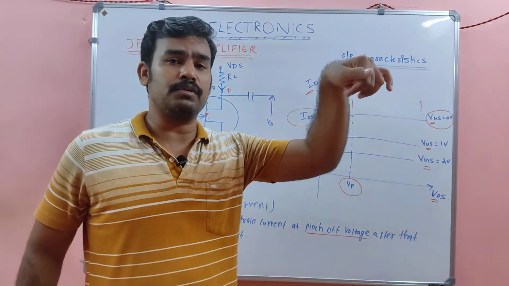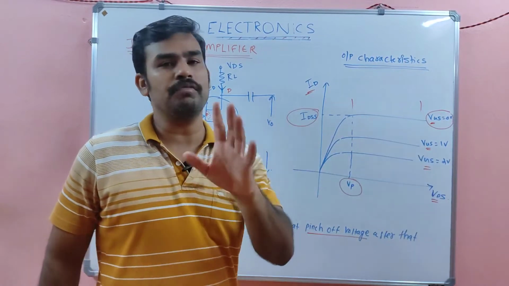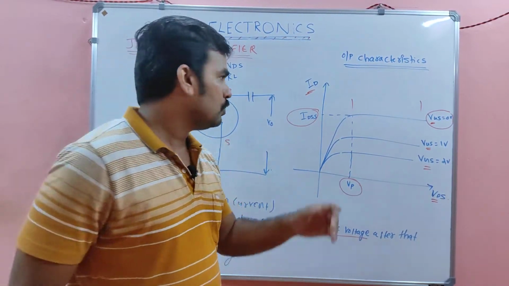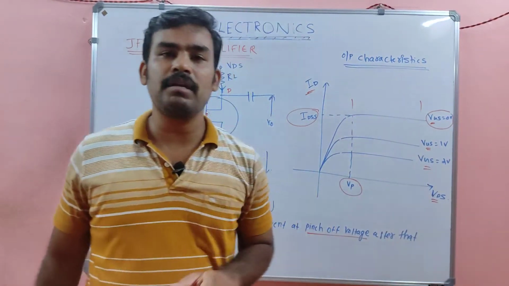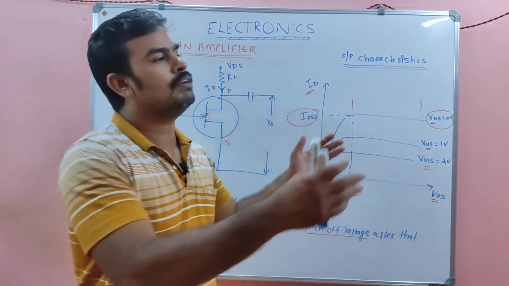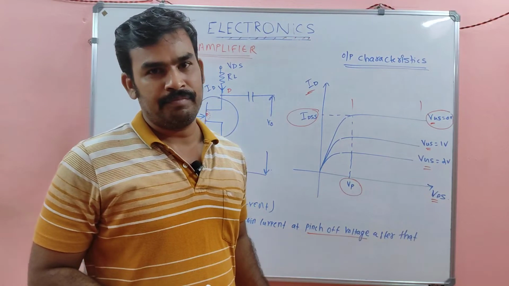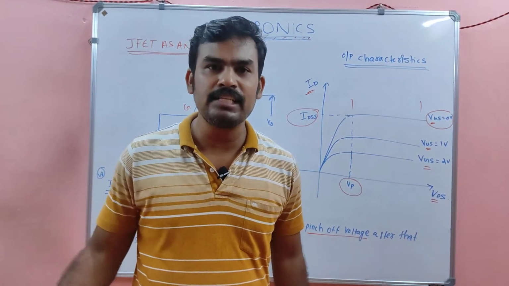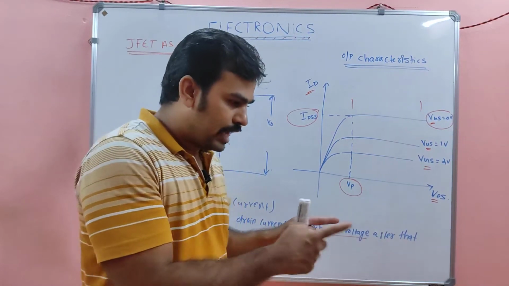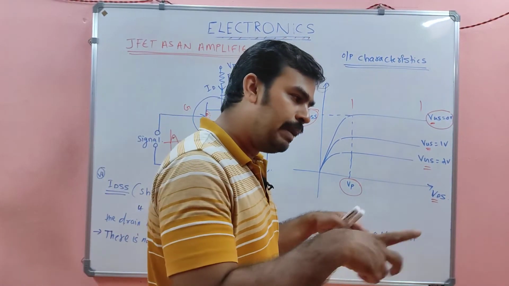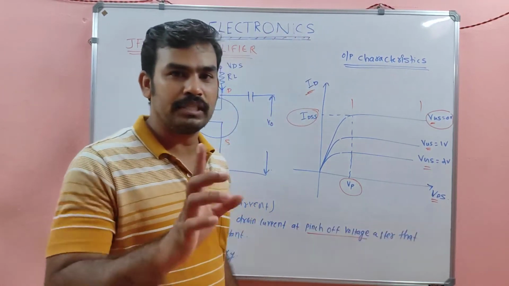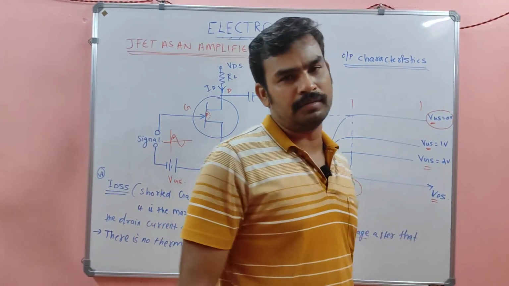Only at very high voltage will the breakdown happen, and that is also a breakdown, not thermal runaway. So there is no thermal runaway in the JFET because the channel width is limited. Even though we generate more and more carriers in the channel, the channel width will allow only a particular number of charge carriers, so that the current will always be controlled.